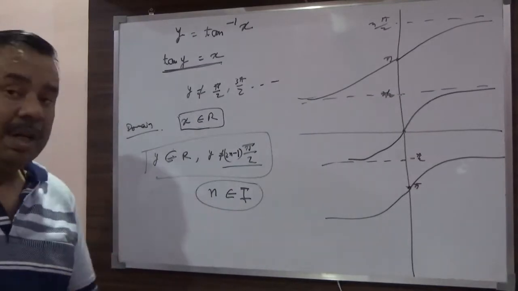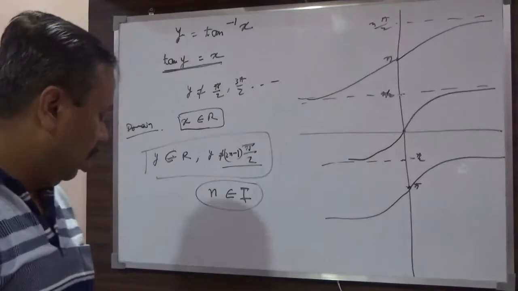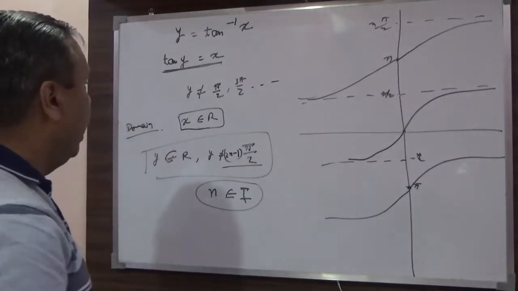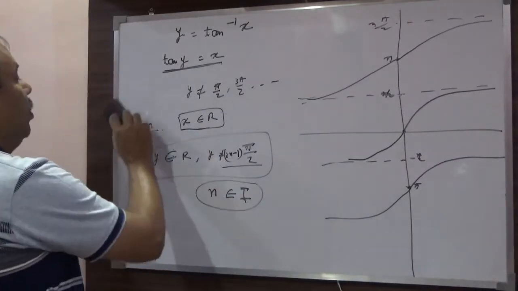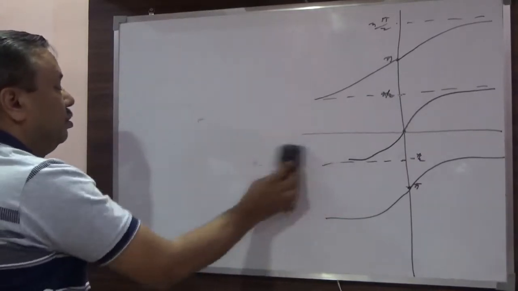Now let's come on to the next ratio and its inverse. I will take the inverse of cosec, or cosecant.